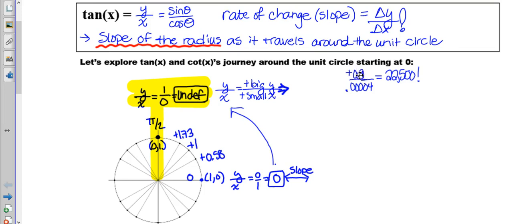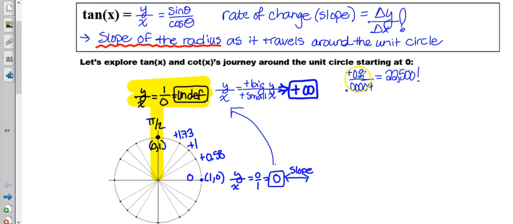Remember, this was just like an example we picked. So as I get close to this value, and I am taking a large y and dividing by a very small x, that is heading towards positive infinity. And we can reason that out, because we kind of brainstormed what a change in y over change in x close to this would be.